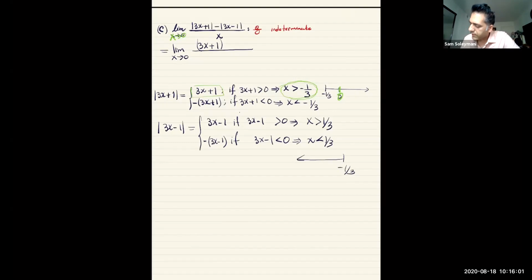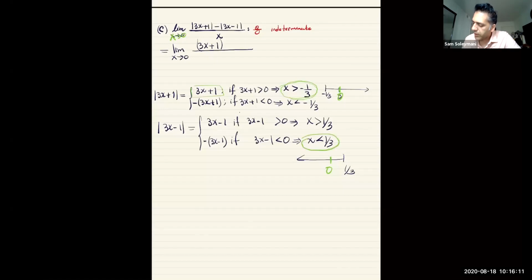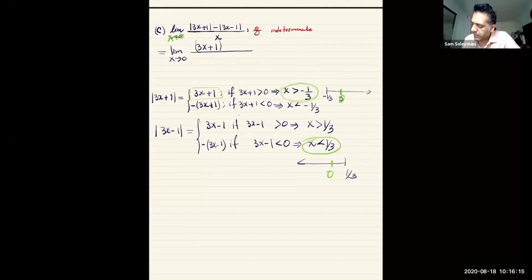And again, 0 is less than 1/3 and 0 is here. Okay? So we are dealing with this interval. So this is the piece that we are going to be taking. Okay?